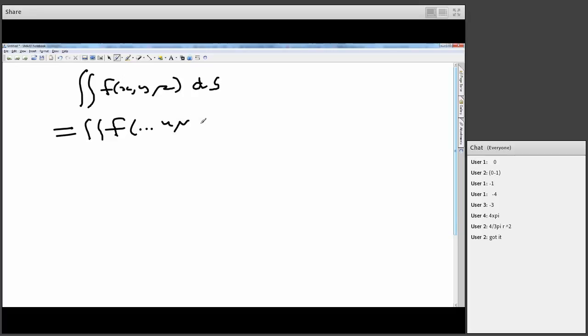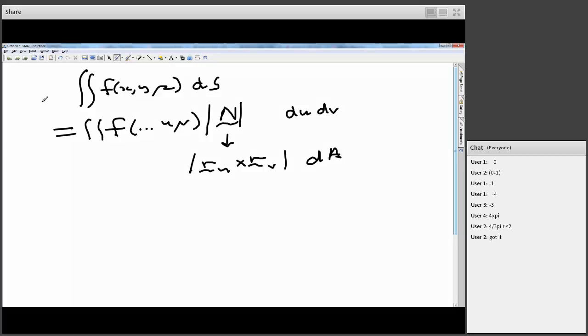All I'm doing is replacing x, y, z by expressions in u and v, then multiplying by the length of this N vector I've just worked out. That's the length of R_u cross R_v times dA. In practice, that would just be du dv or dv du, one of the two. So that's what it's going to look like.